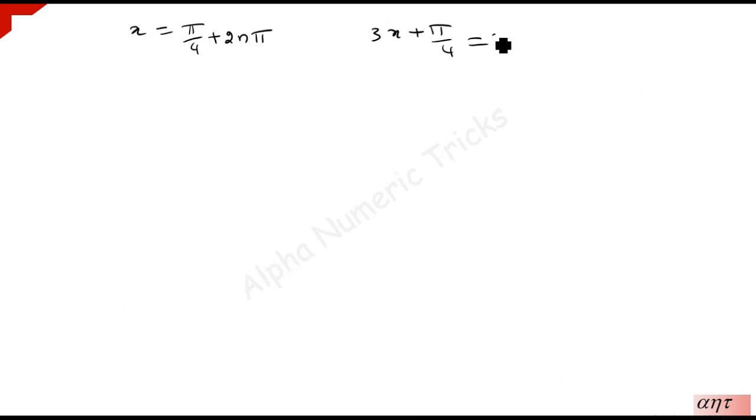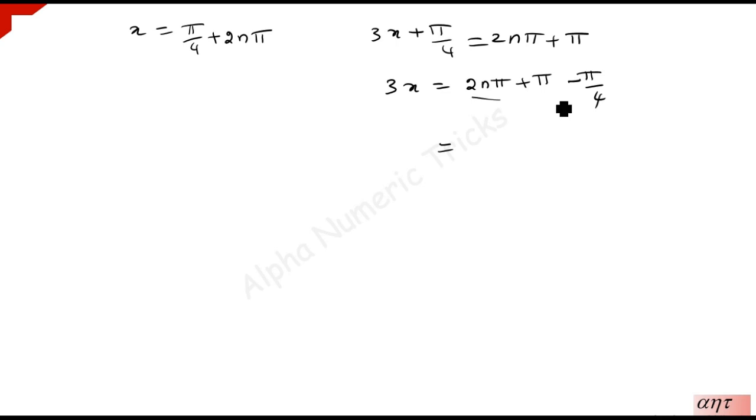Okay, so 2n pi plus pi. So 3x plus pi by 4 is equal to 2n pi plus pi. Okay, so from this we can simplify further. 3x is equal to 2n pi plus pi minus pi by 4. Or you have to take the LCM, 4.